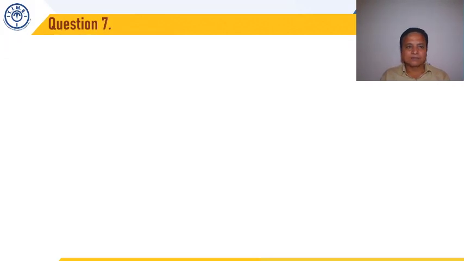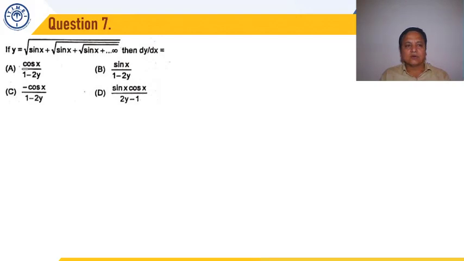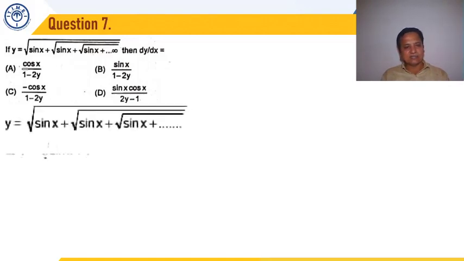Question 7. Now, whenever a function is given of this type, y is equal to under root of sine x plus under root of sine x plus under root of sine x till infinite. We are going up to infinite. So can we safely say that this expression is nothing but y is equal to under root sine x plus y?